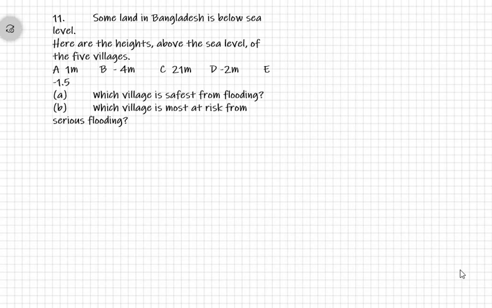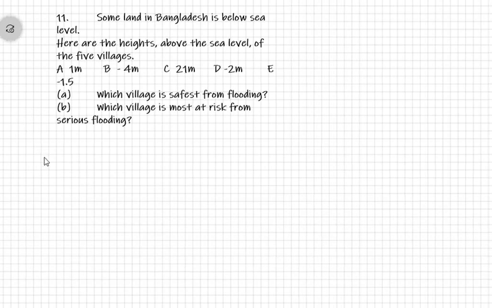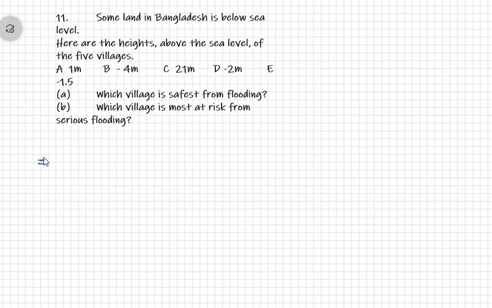You know this general rule: when the height of the village above the sea level is more, that village is safer. Here there is no sign, so this means plus. The plus number is greater, plus 21, so definitely C is the safest, because it is 21 meters above the sea level, higher than the others.